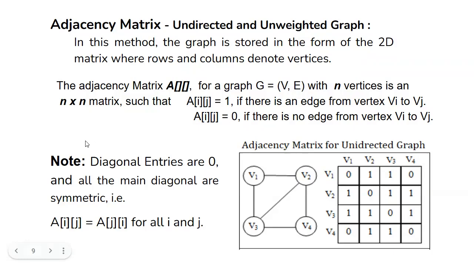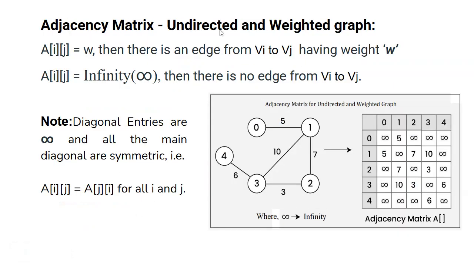Okay. The next type of graph is undirected but weighted graph. So the edges have no direction, but the cost is there for each and every edge. In that, the same matrices are required, that is n by n matrices are required to represent this graph. There are 5 vertices in total, so we have to create a 5 by 5 matrix in which the row header is the name of the vertices.